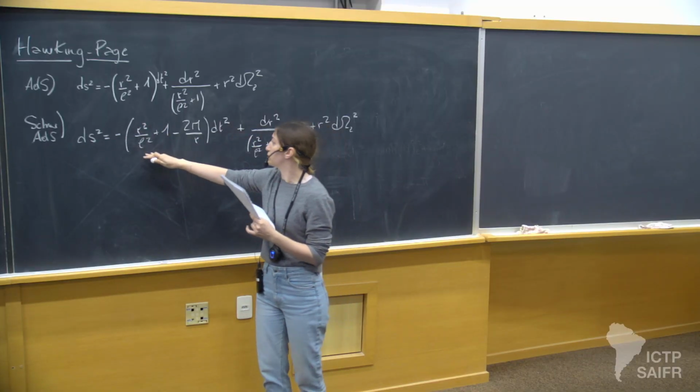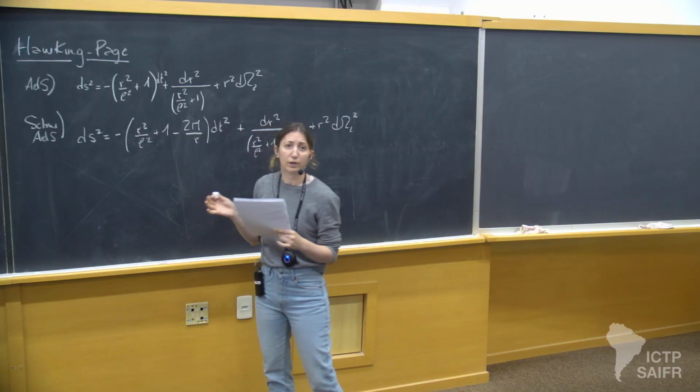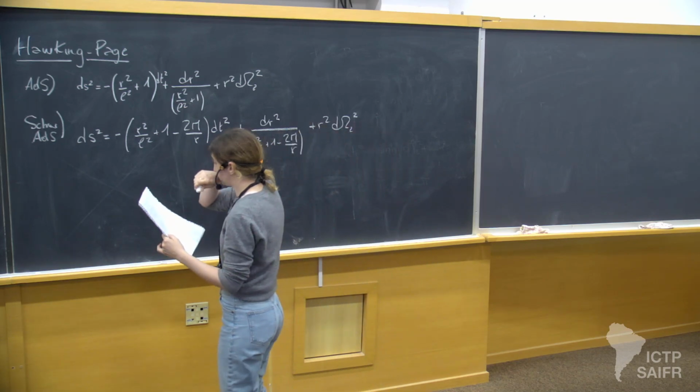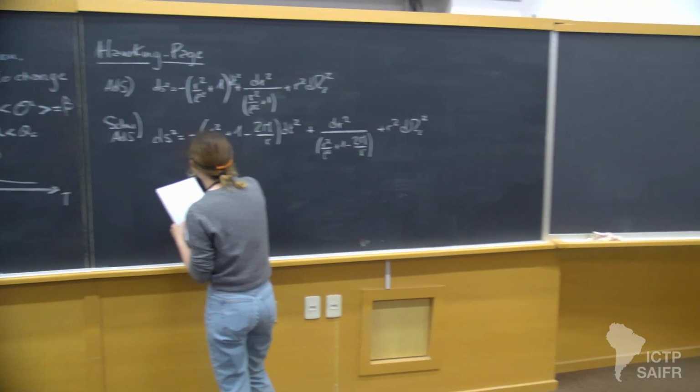You take the metric factor, set it equal to 0, and find the roots. In particular, you find R plus, the outer root. And then you can compute the surface gravity, from which you can get the temperature.